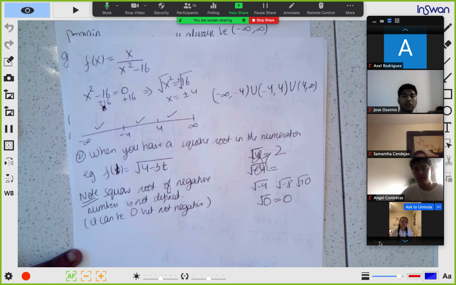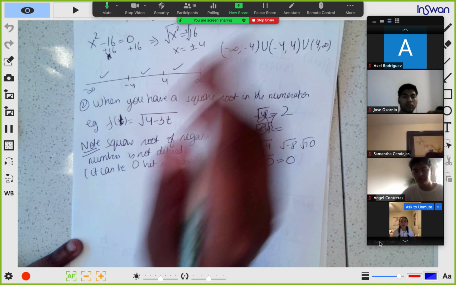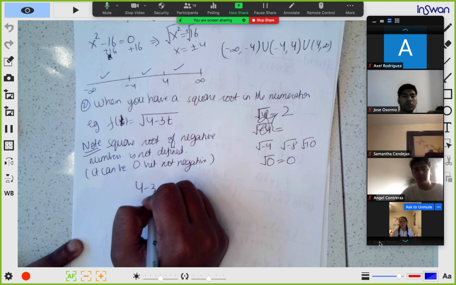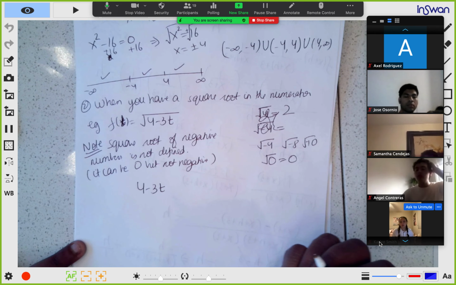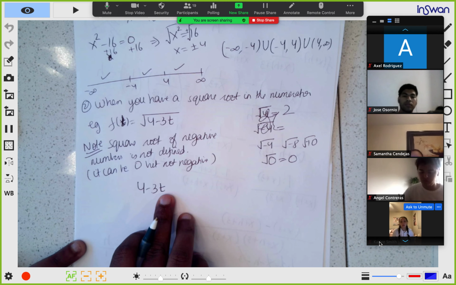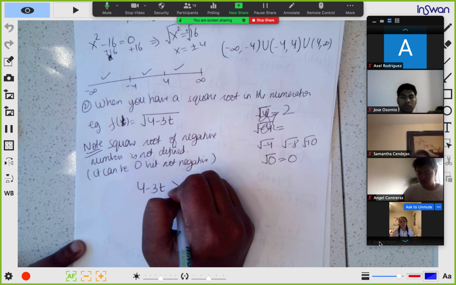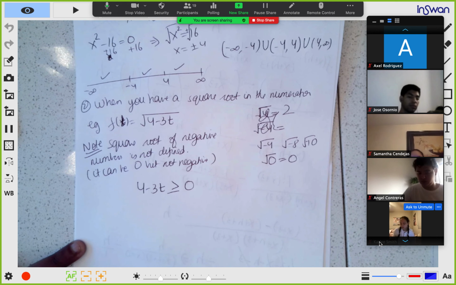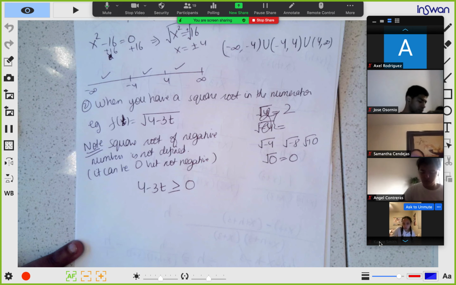So my domain will be: whatever is inside the square root, you put it greater than or equal to 0. It should be either greater than 0 or equal to 0, because it cannot be negative. That will be my domain.